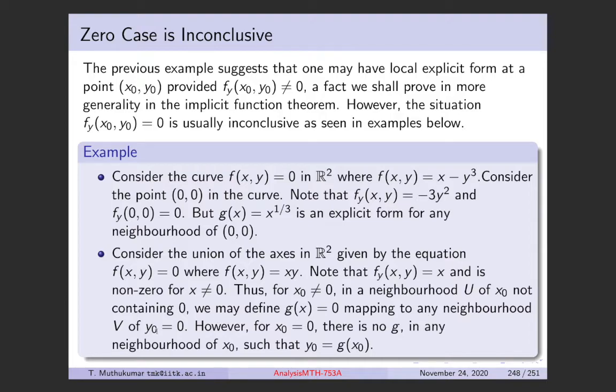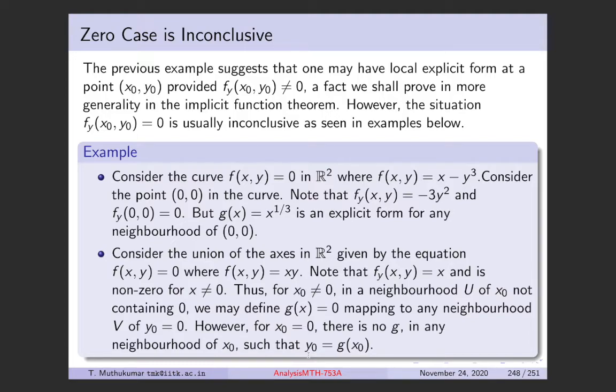Whereas if you include x naught equal to 0, then there is no g in any neighborhood of x naught such that you can write y as g of x. Because when you take x naught equal to 0, you are at the intersection of the two axes. In that case, you cannot locally invert, so you cannot write y as a function of x.